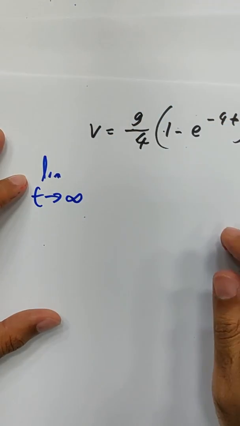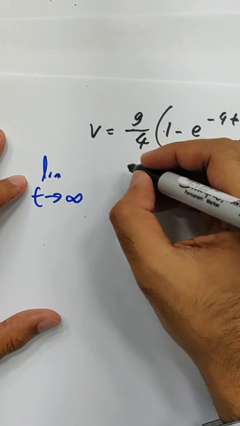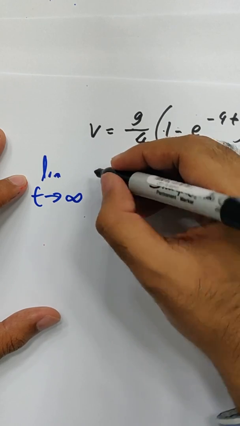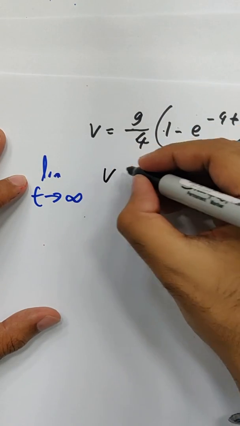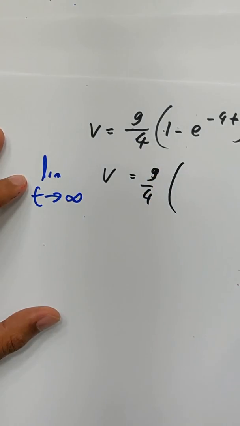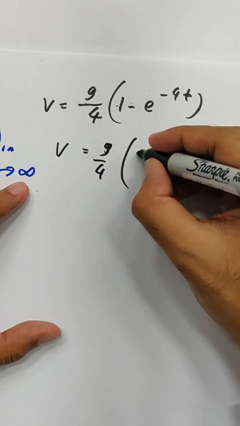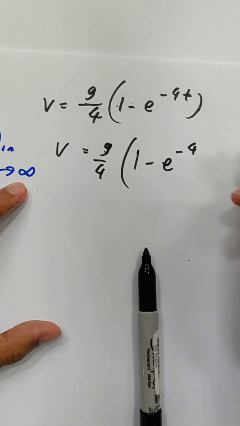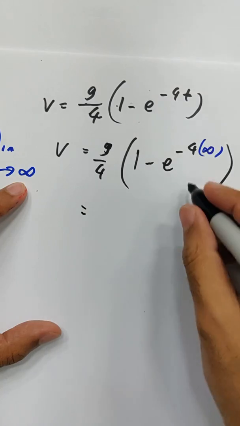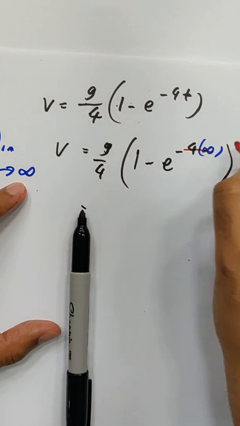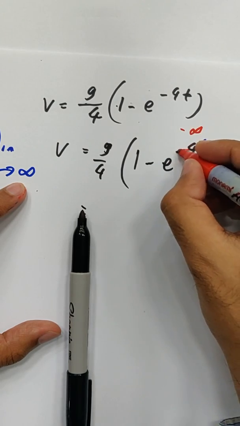What will you get? Don't worry, this time we are not that particular with your limits. So when t goes to infinity, this is sufficient. e negative 4 times infinity: 4 times infinity is infinity, but still negative infinity.